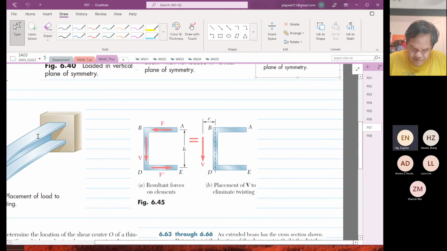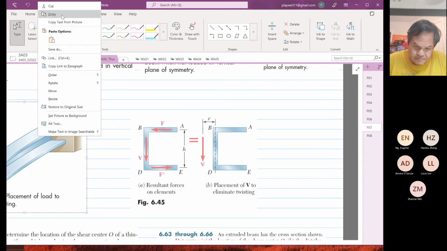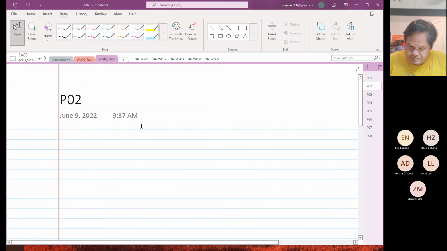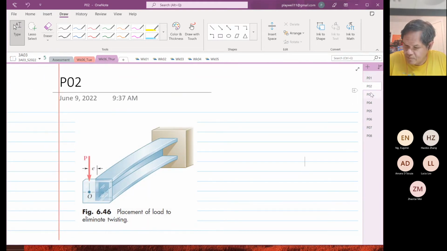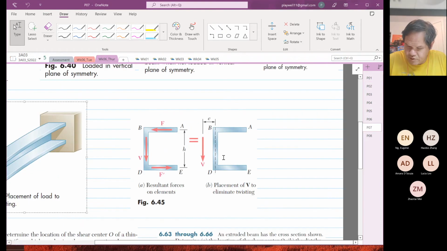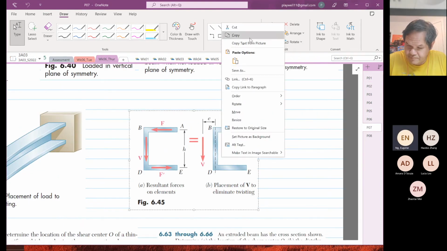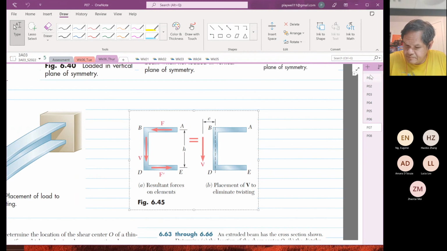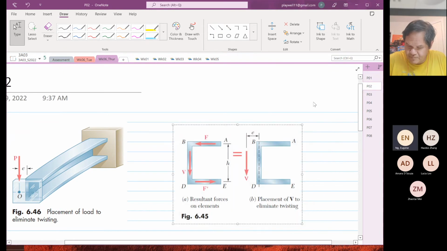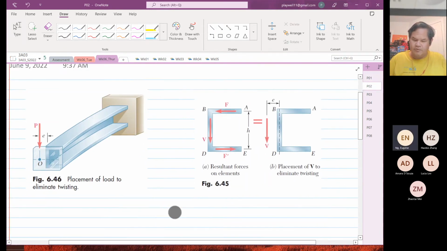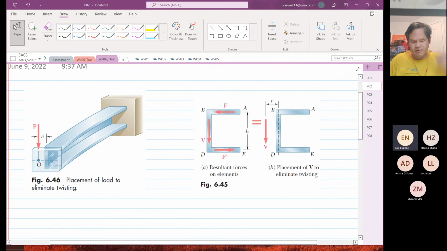More diagrams. Okay, and this diagram shows us how to get rid of it. Okay, I want you to focus on what is going to happen.